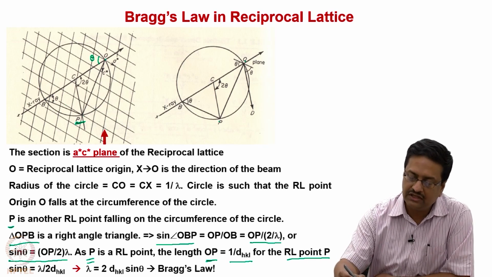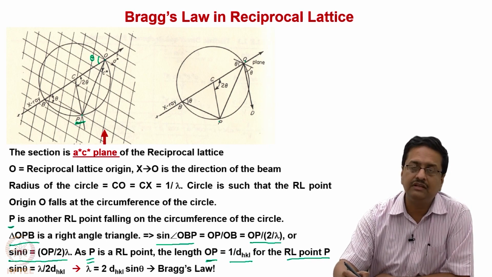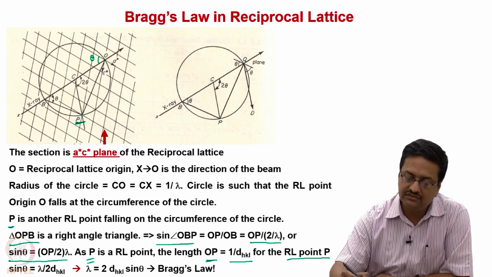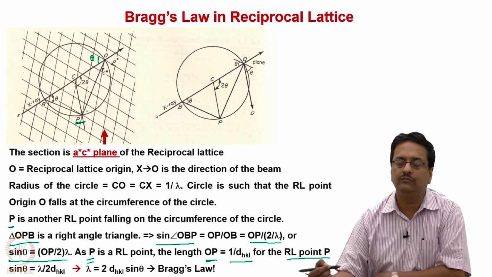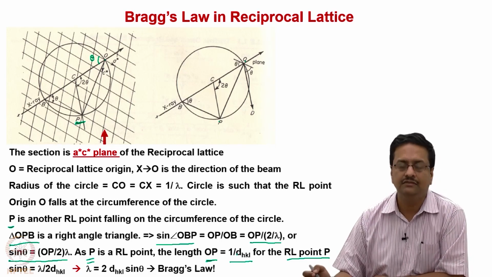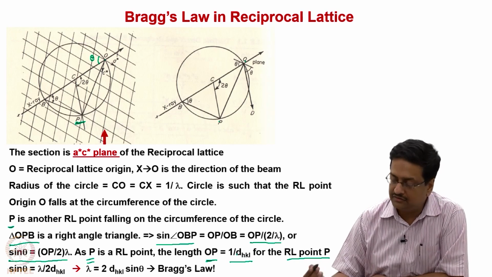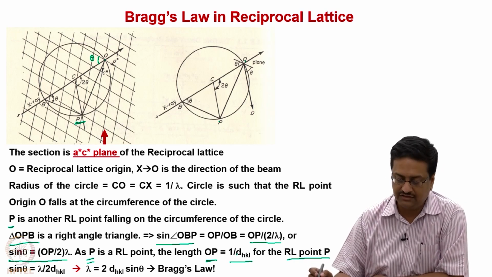So we are dropping a perpendicular from the origin and cutting it at P, which is a reciprocal lattice point. So the corresponding distance OP is supposed to be 1 by DHKL. That is the underlying principle of generating the reciprocal lattice points.